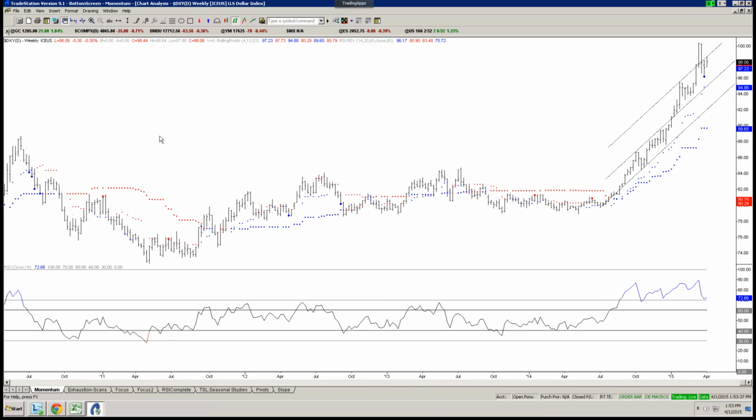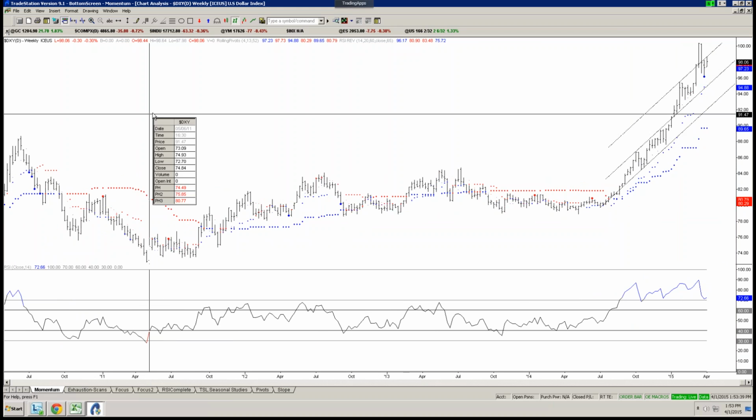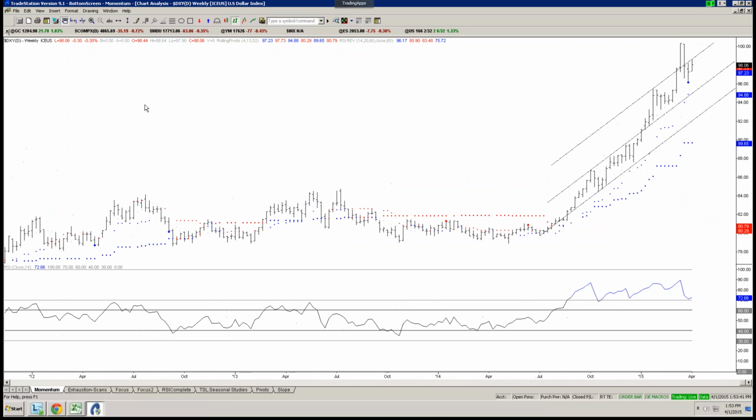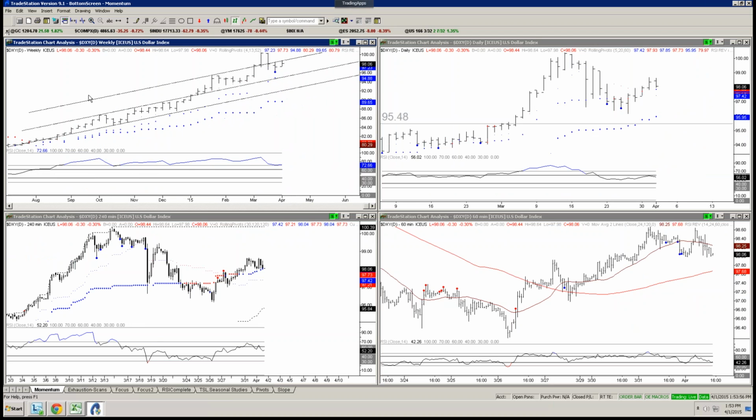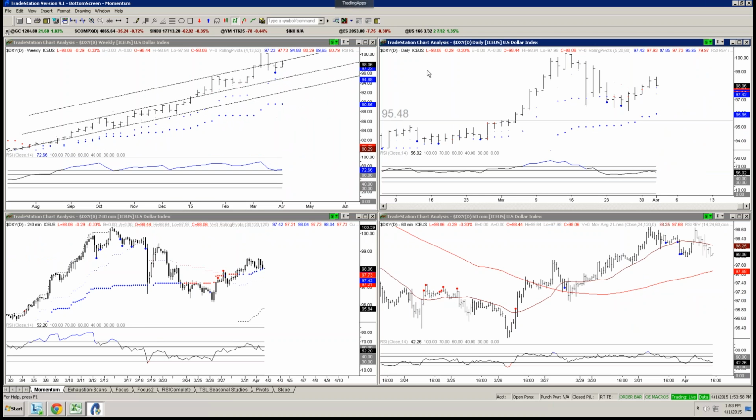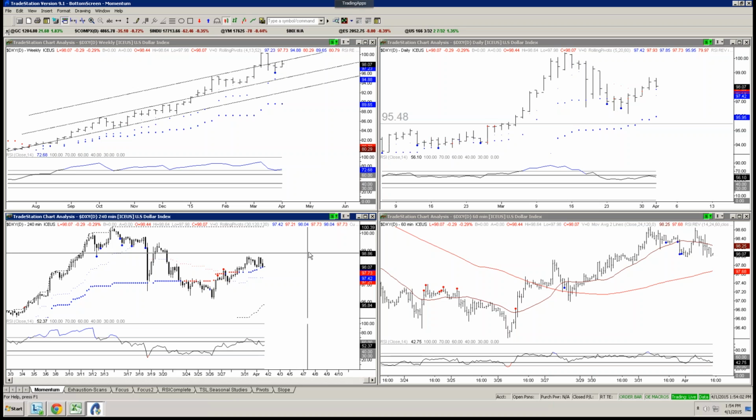It'll be insane, but catching it will be really, really hard. So I know that the dollar is extreme, and it has been for a long time. With that in the back of my mind, it'd be nice to position for a dollar sell-off at some point. So if the setups come, then I'm going to do it.